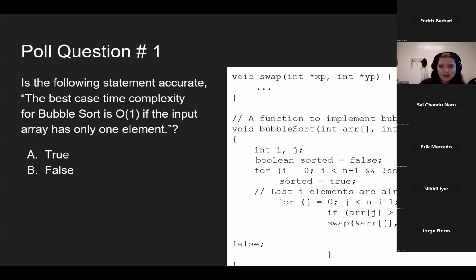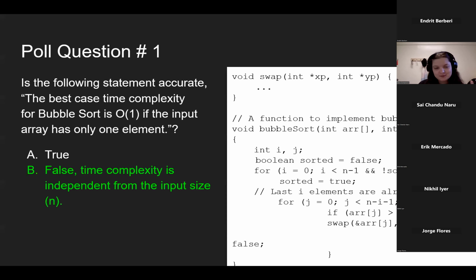So the answer to that one is false, because we don't take into consideration the exact size of the input, the exact size of n.